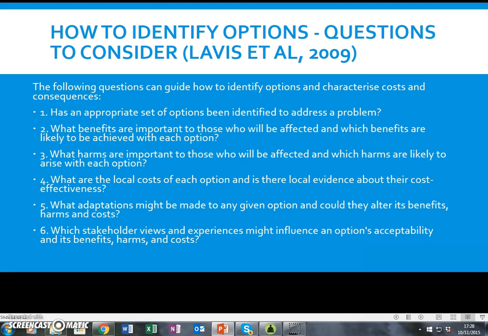The third relates to the harms from each perspective. The fourth relates to the local costs of each option and whether we have local cost effectiveness information. The fifth relates to any ways in which the option may need to be adapted or modified. And the sixth relates to the identification of stakeholder views and experiences.